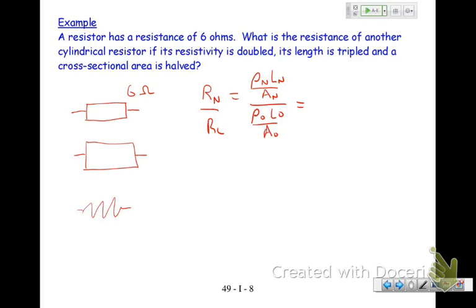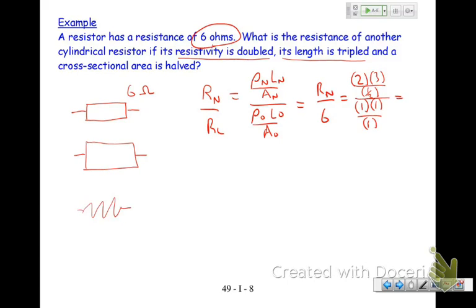And you play this game where you say R new over 6 equals, if the resistivity is doubled, twice what that one is, and the length is tripled, 3 times what that one is, and the cross-sectional area is a half, and that, my friends, is equal to 6 over a half, which is 12. So R new is equal to 72 ohms, not 12 ohms.